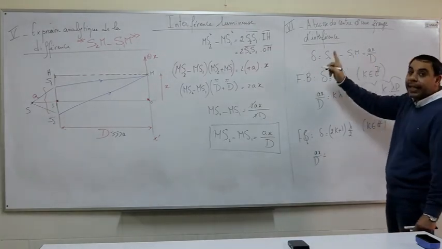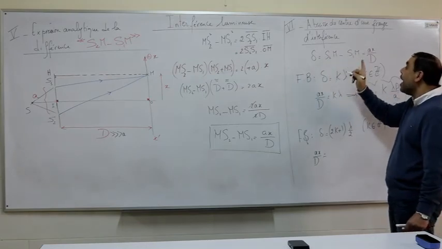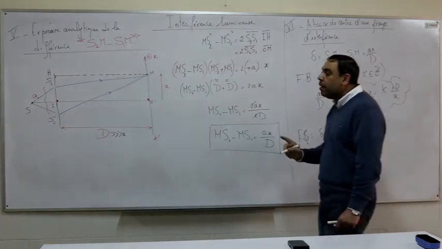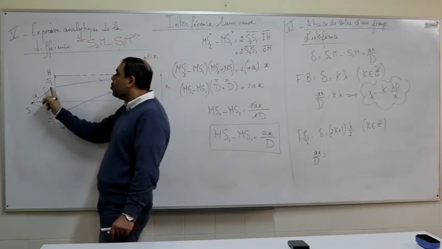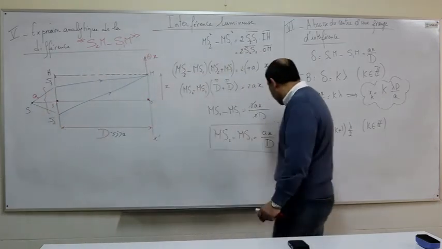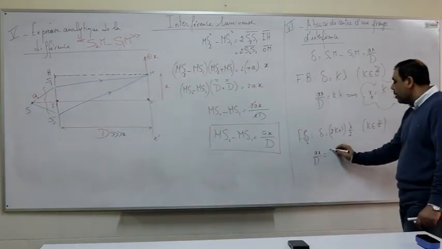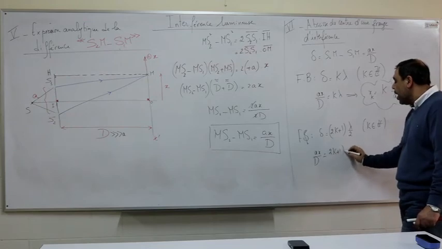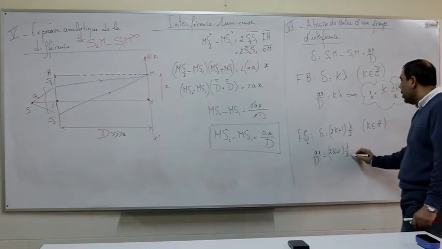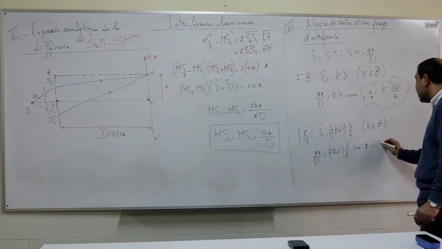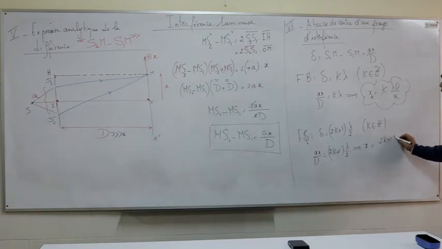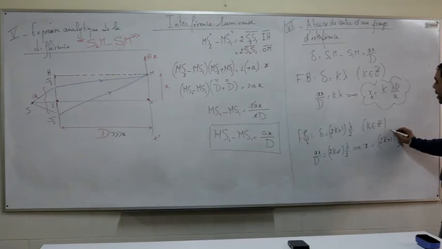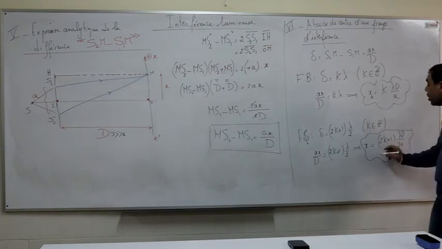So aX over D is equal to 2k plus 1 times lambda over 2. And as a result, we get X equals 2k plus 1 multiplied by lambda D over 2a. This is the abscissa of the center of a dark fringe of order k.